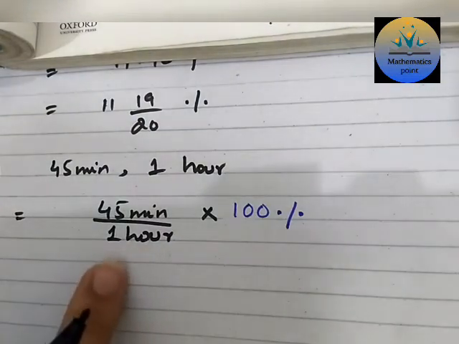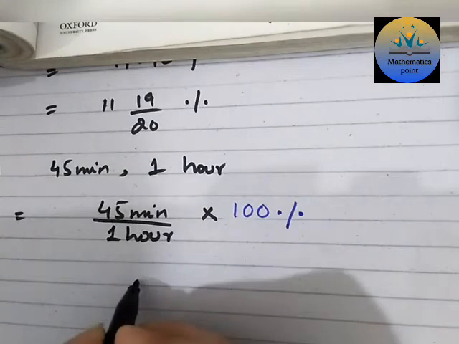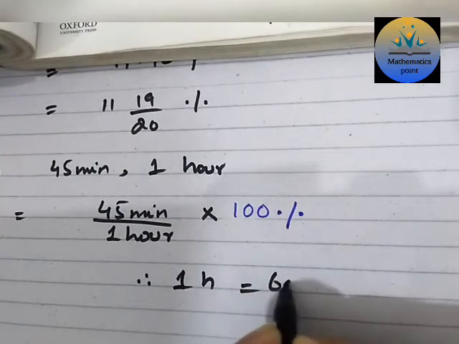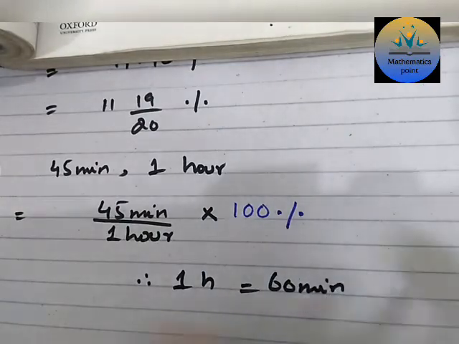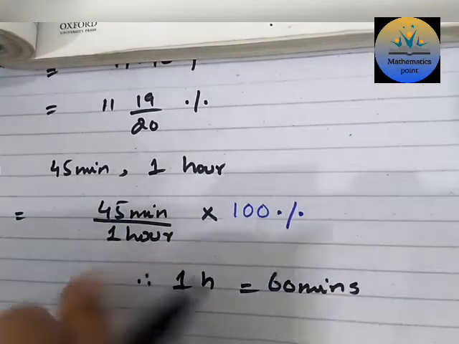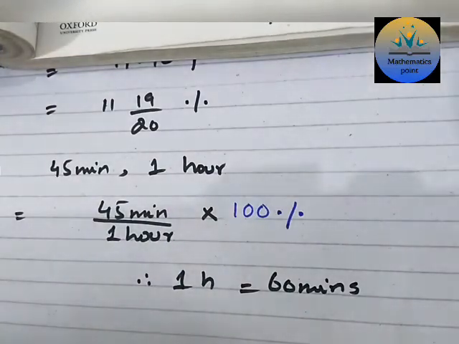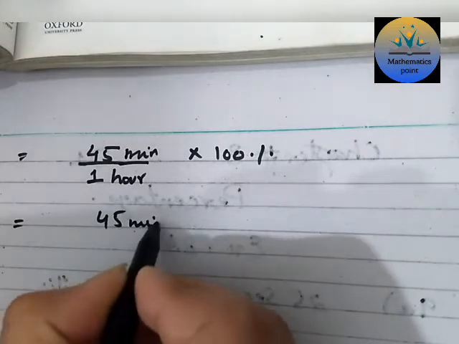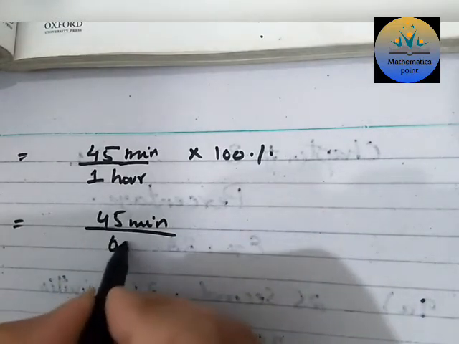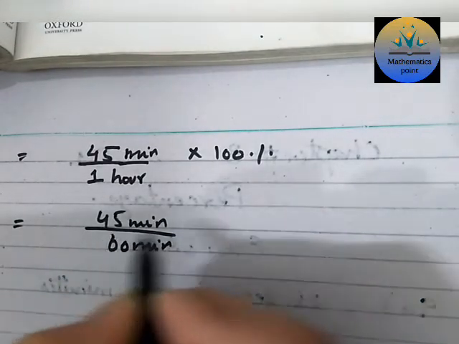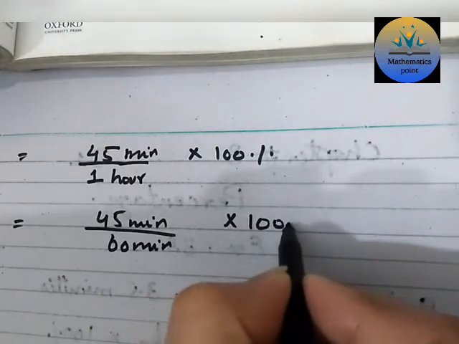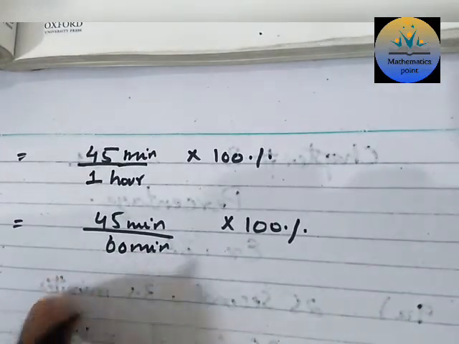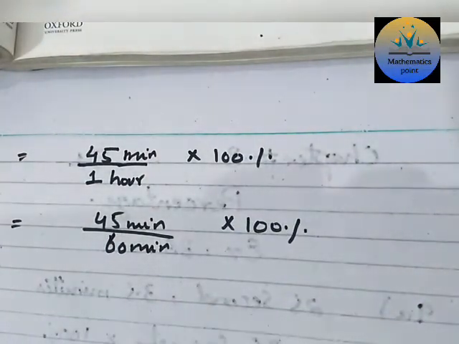Now firstly we will convert the units. As we know, 1 hour is equal to 60 minutes, so we convert 1 hour into minutes. So 45 minutes divided by 60 minutes, multiplied by 100 percent. Now the denominator and the numerator are in the same unit, minutes.